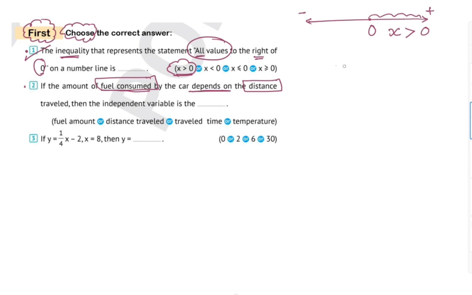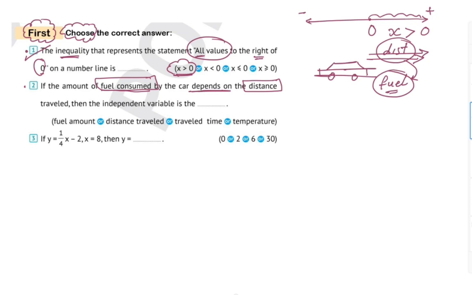If you have some car and you travel, every time you travel more you use more fuel, like gasoline or petrol. So which one, distance or fuel, is the independent? The independent is the distance and the dependent is fuel consumption.